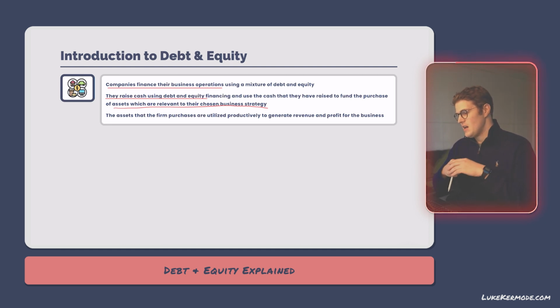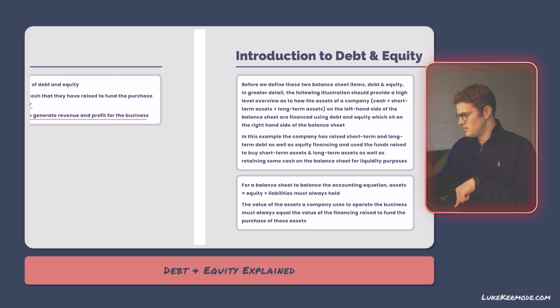It could be to purchase real estate, which is used to generate an income for the business. There's loads of different ways that companies can use the cash that is funded from debt and equity. But regardless, the cash proceeds are used to purchase assets which can fund the activities of the business. Those assets will be used to generate revenue and profit for the business.